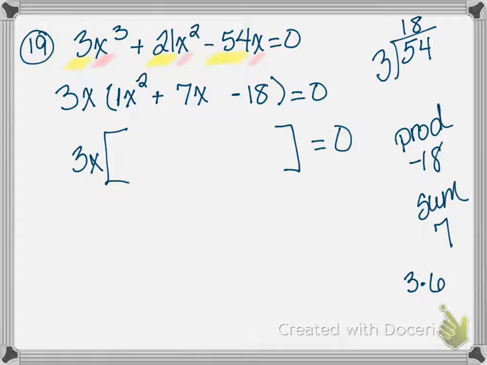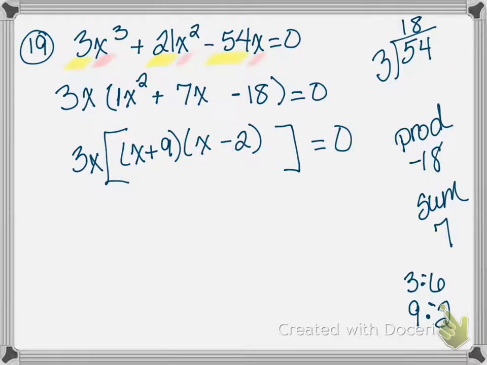So 3 times 6 equals 18. But if I make one of them negative, it still doesn't give me a sum of 7. The other numbers I think about for 18 are 9 and 2. Now, if I make my 2 negative, then that's going to work. So for factoring, my numbers are x plus 9 and x minus 2.